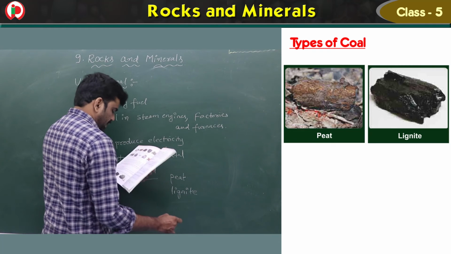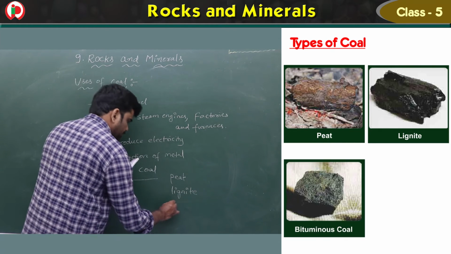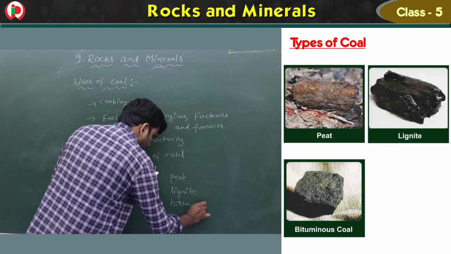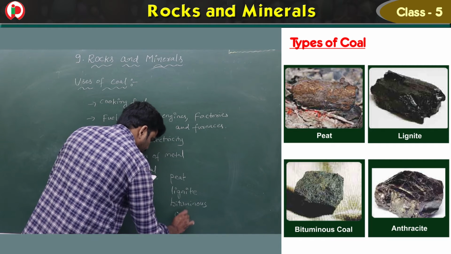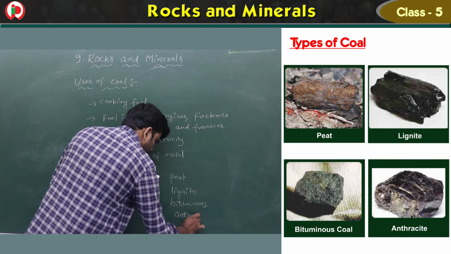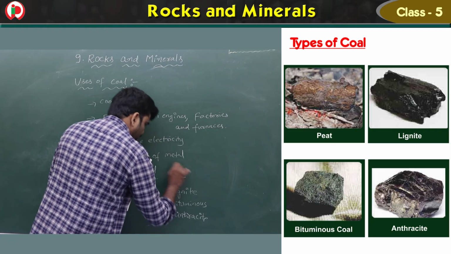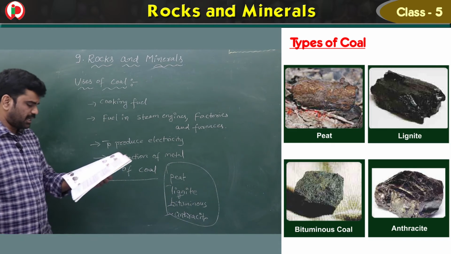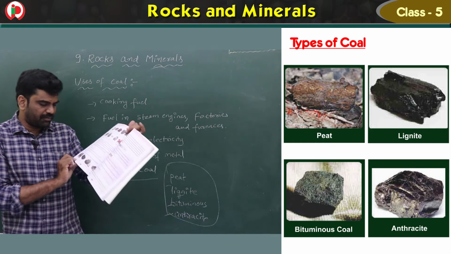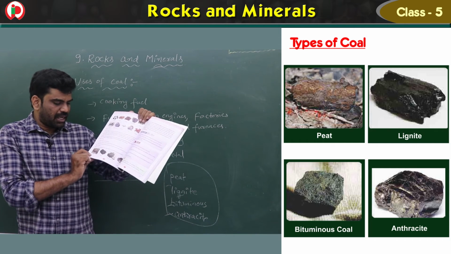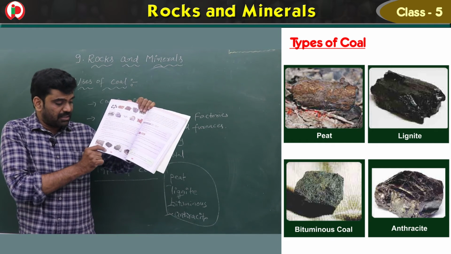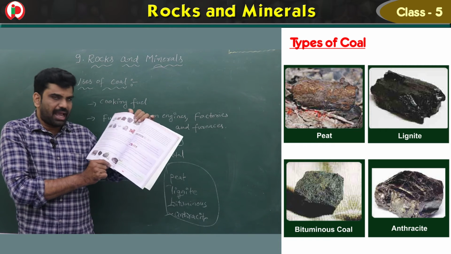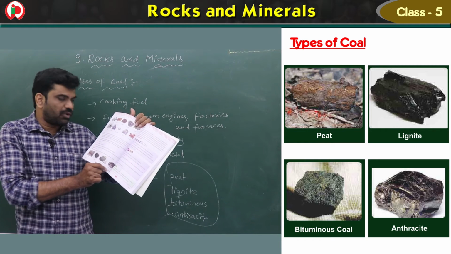Peat, lignite, bituminous, anthracite are the types of coal. You have the figures on page number 64. This is peat, children. This is lignite. This is bituminous, and this is anthracite. So this is about the coal.